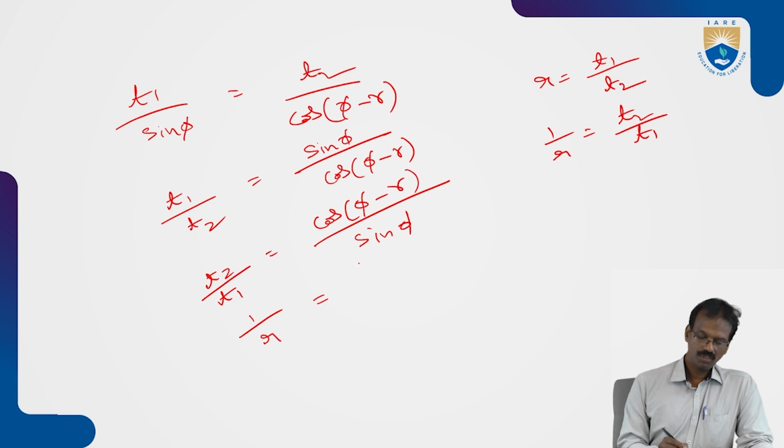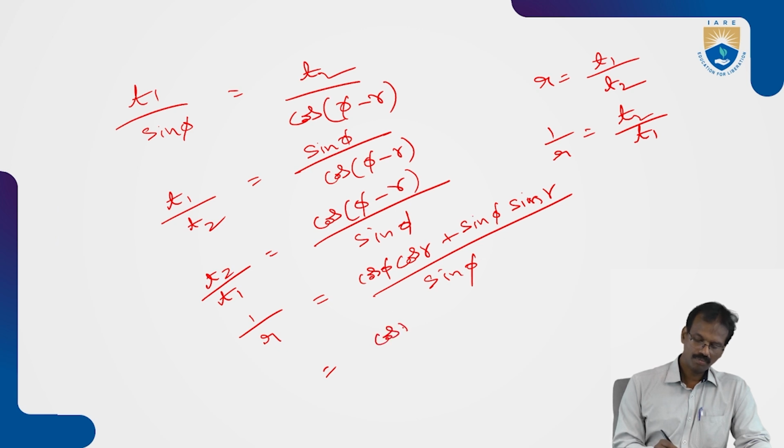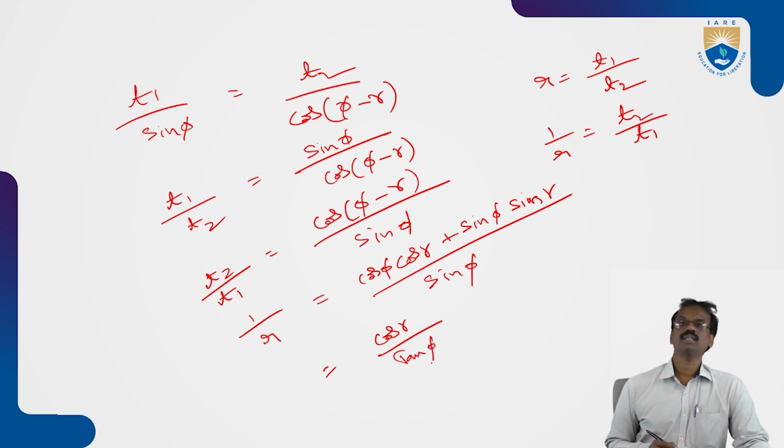Cos A minus B is equal to cos A cos B plus sin A sin B. So 1 by r is equal to cos phi cos gamma by sin phi, and cos phi by sin phi is the tan phi here.